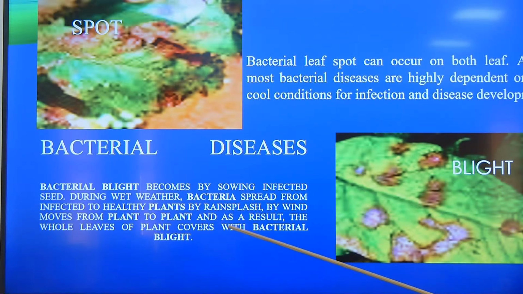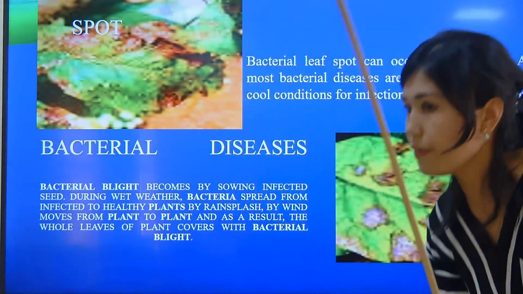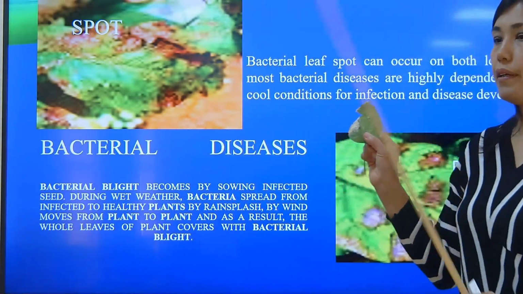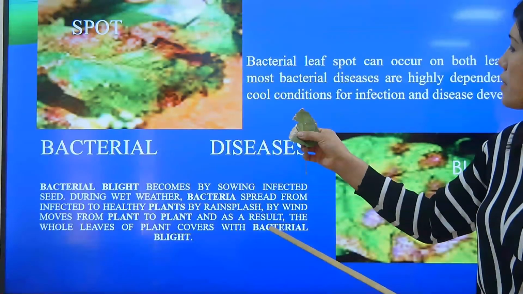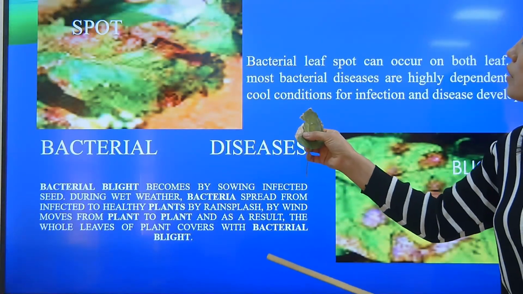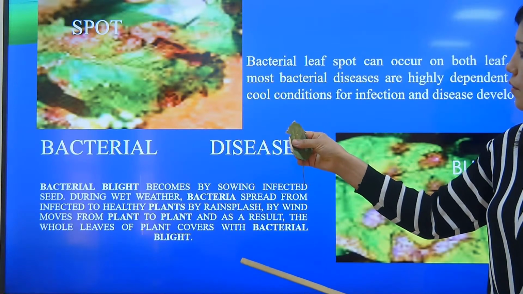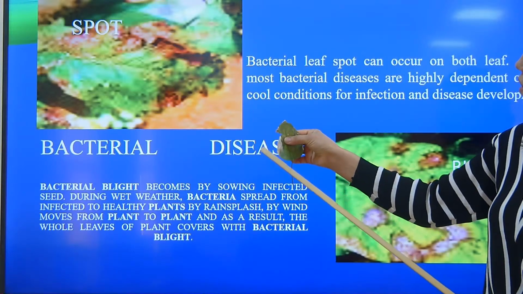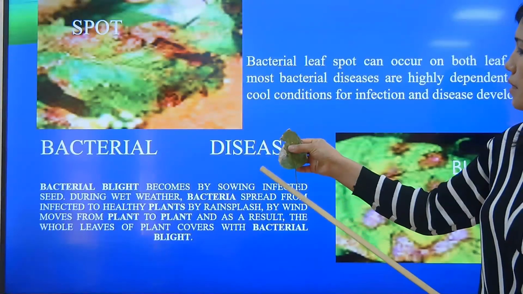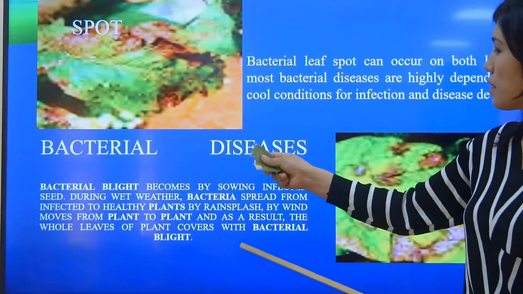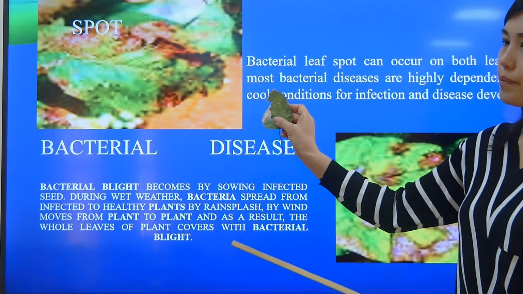For example, the leaf is attacked with bacterial diseases. It's called spot. The edges of the leaf are attacked with spot disease. Here you can see this leaf.